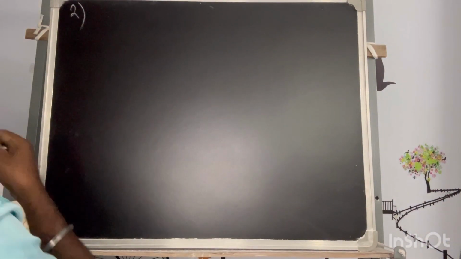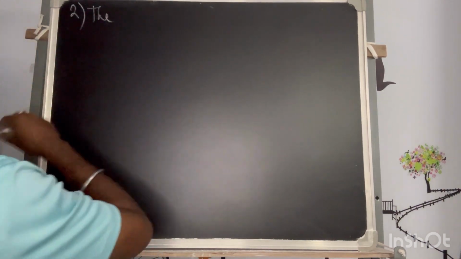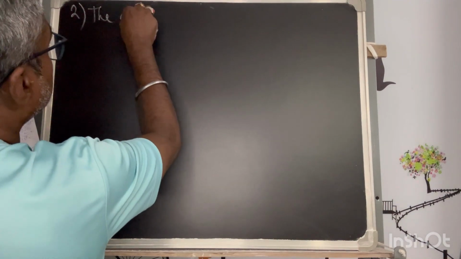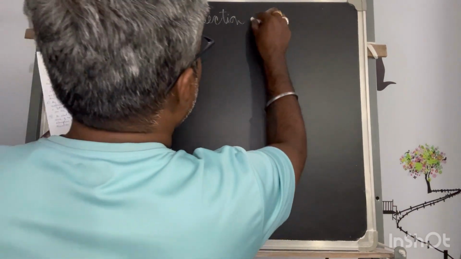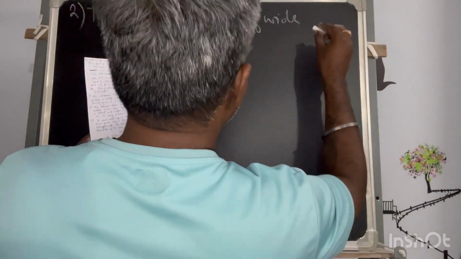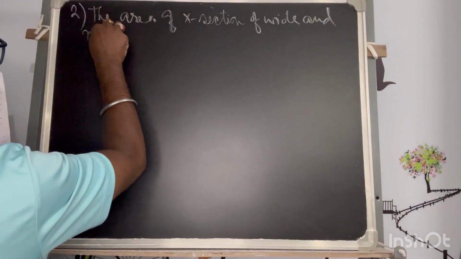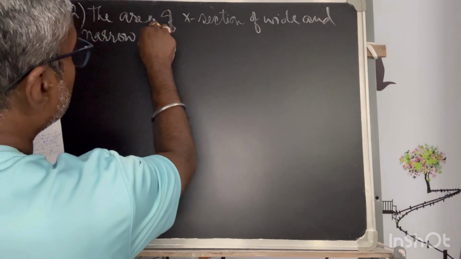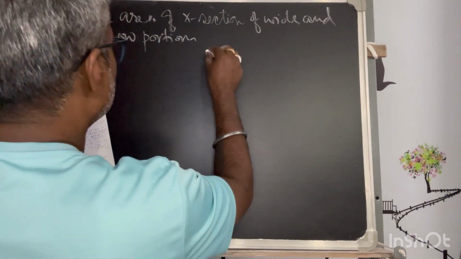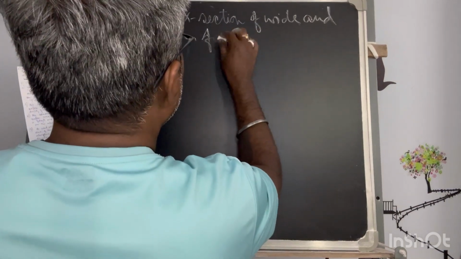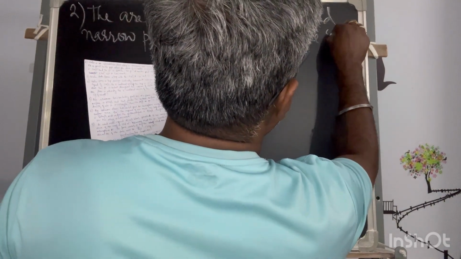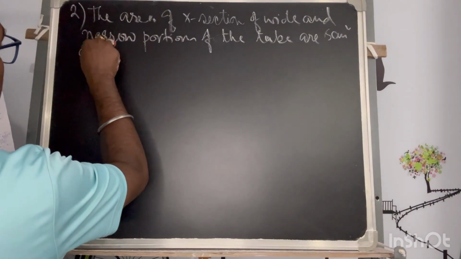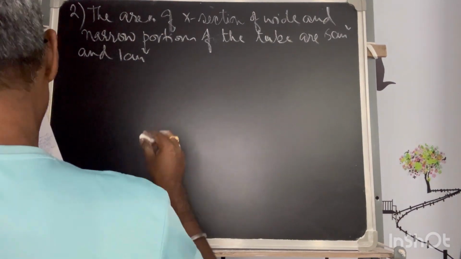Number 2. The area of cross section of wide and narrow portions of the tube are 5 centimeter square and 1 centimeter square respectively.